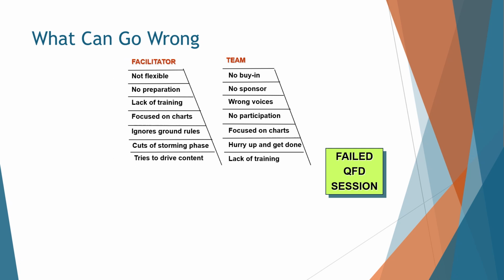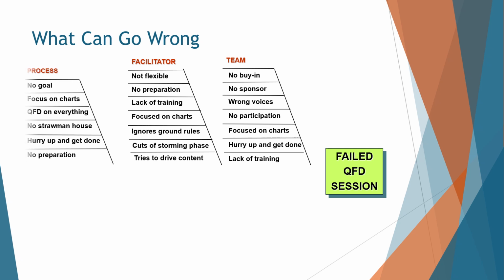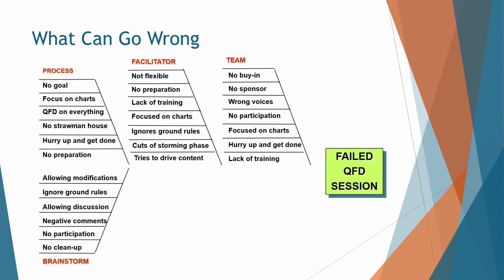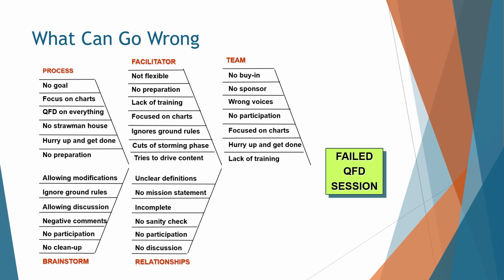Facilitator: not flexible, no preparation, lack of training, focused on charts, ignores ground rules, cuts off storming phase, tries to drive content. Process: no goal, focus on charts, QFD on everything, no straw man house, hurry up and get done, no preparation. Brainstorm: allowing modifications, ignore ground rules, allowing discussion, negative comments, no participation, no cleanup.